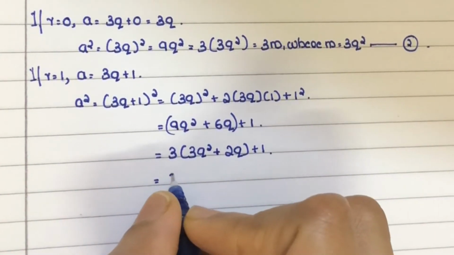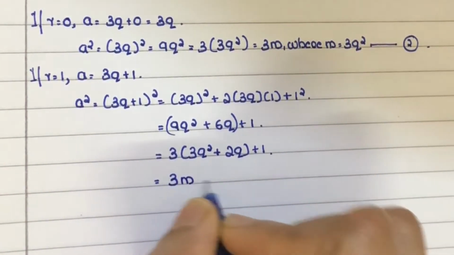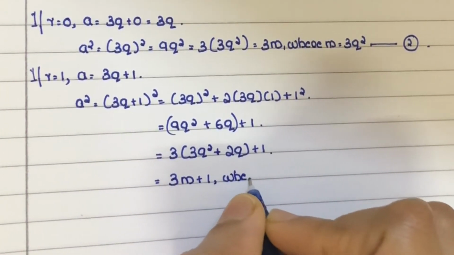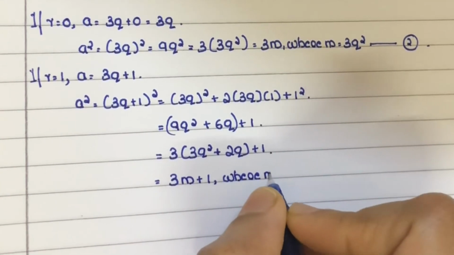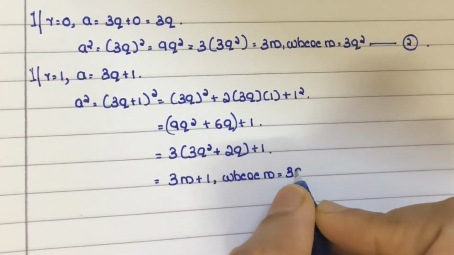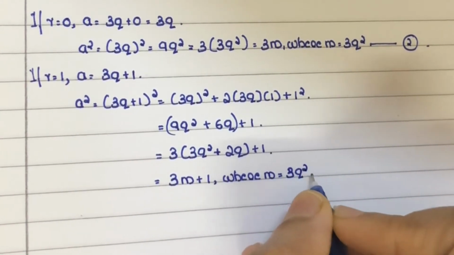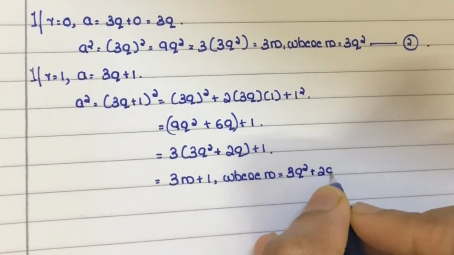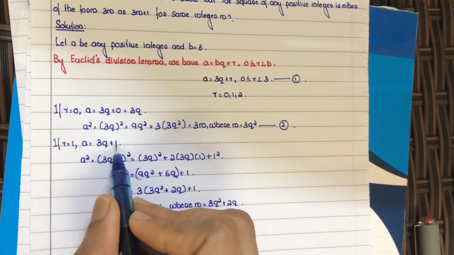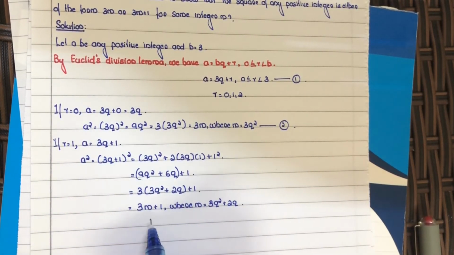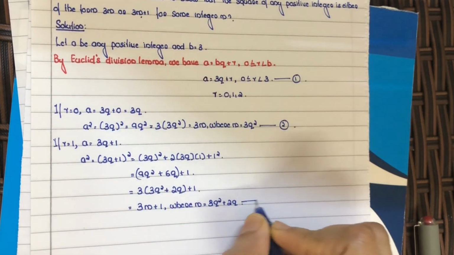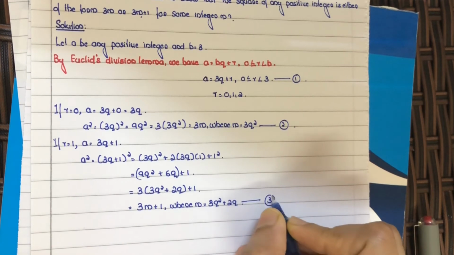This one we can write it as 3 into m plus 1, where m is equal to 3q square plus 2q. Again, square of the positive integer 3q plus 1 whole square can be written in the form 3m plus 1.